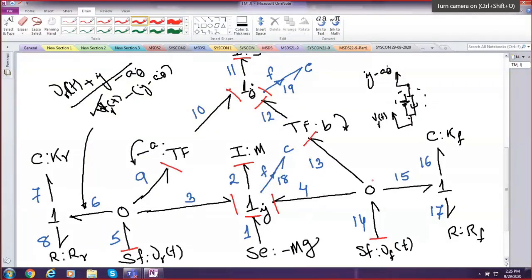So once that is done, then this zero junction, there is no strong bond. So we put here. This zero junction, there is no strong bond. We put here. This bond number 6 now becomes strong bond for the 1 junction also. So we put here, here, and here. Good. So we have a pretty good model. This model was caused once we started causaling the I and C elements.